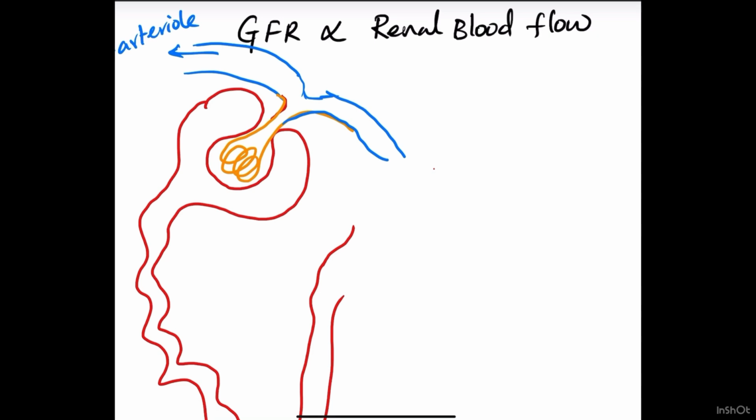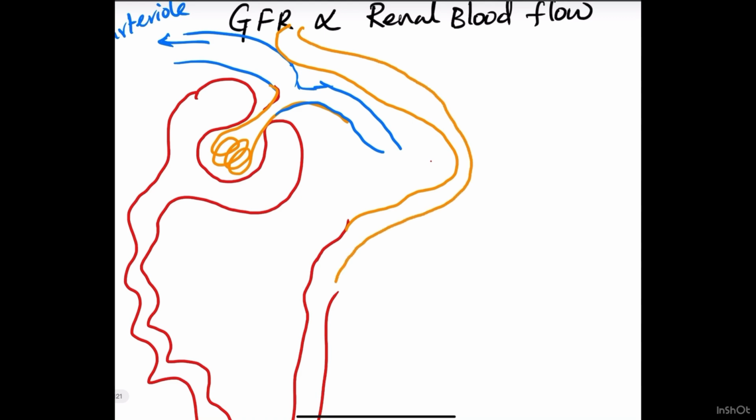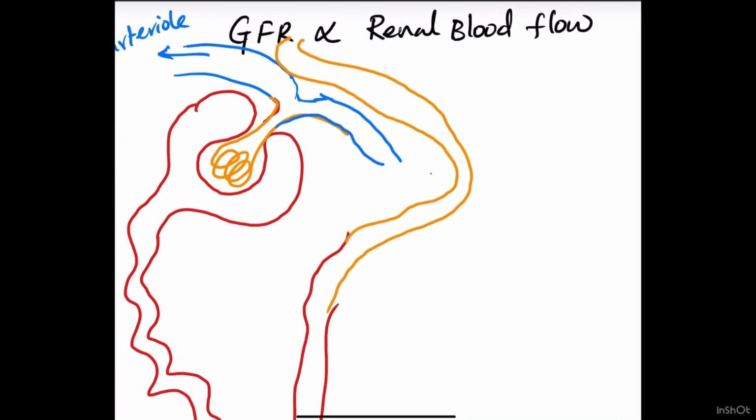And now we go here. This is the DCT. Now the DCT will go and communicate with that afferent arteriole. The area where it is communicating, that region, both in the afferent arteriole and the DCT, is going to be modified.